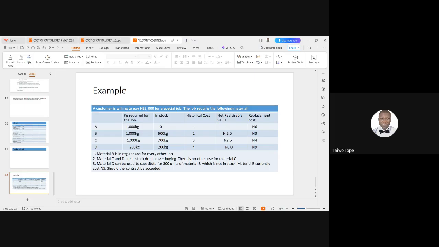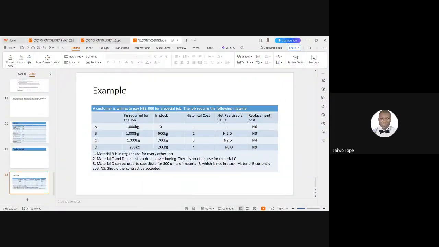Now, I know somebody is saying, why did he skip A? I'm coming back to A. So the relevant cost for B is what? You require 1,000 kg. Since the statement is saying material B is in regular use for every other job, it means you don't need to look at what you have in store, because any other person, any other department can go and use it.